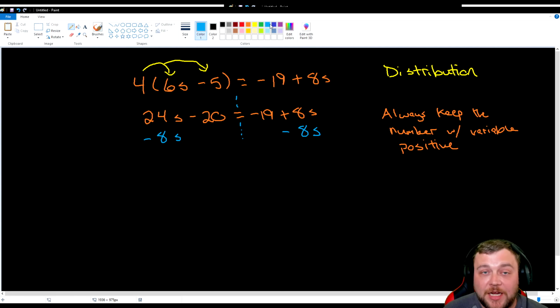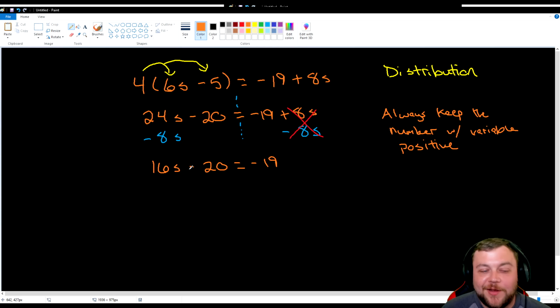We subtract 8s from both sides. But here, so what is 24s minus 8s? Well, that is 16s. And then let's just finish writing everything else out. And it equals a negative 19. This 8s here and this minus 8s, they canceled themselves out. Okay? So now everything is still balanced. The integrity of our equal sign is the same.